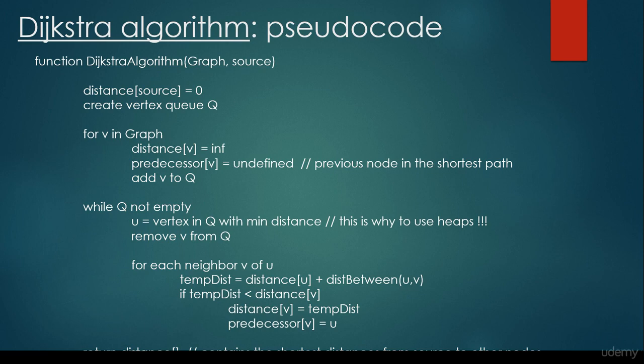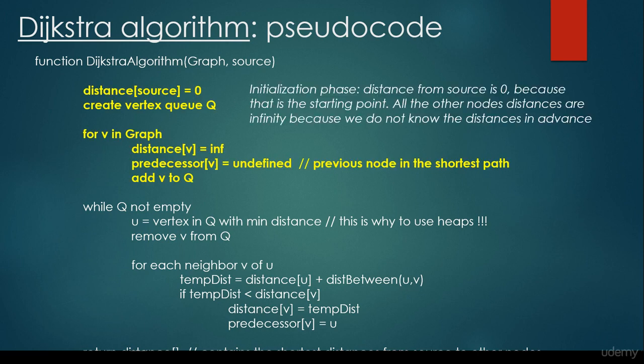We iterate through every vertex in the graph. We set the distance equal to infinity. This is the so-called initialization phase. Distance from the source is 0 because that is the starting point, and all the other nodes' distances are infinity because we don't know the distance in advance. So it is unknown.